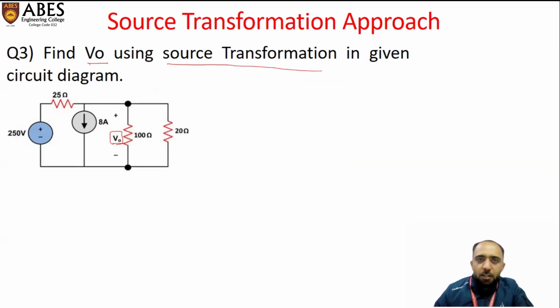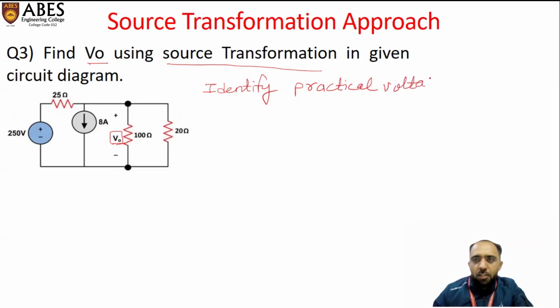Now identify the practical voltage source or practical current source, so that we can convert into a fully parallel or fully series circuit.